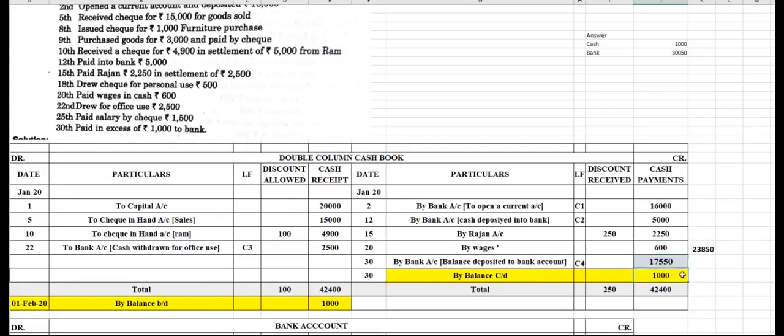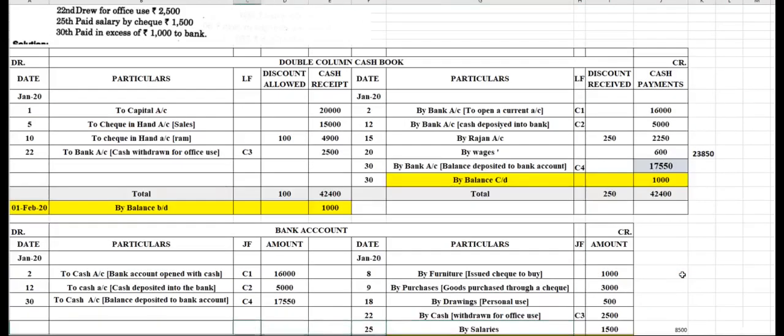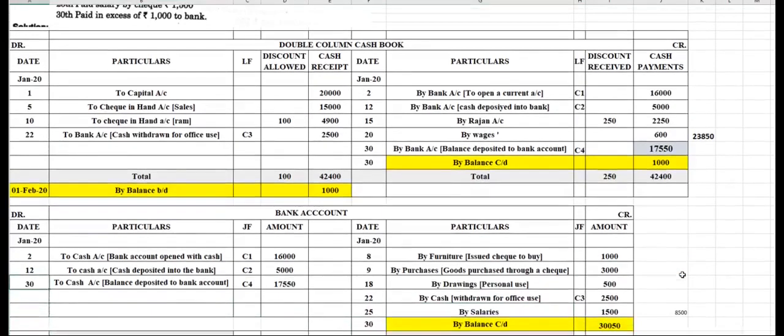By balance carried down, it is 1,000 rupees. That is, I am showing it as a contra entry 4. Now what we will do here, the cash account on 30th, the cash which we had brought down, okay, that we are showing here, 17,550 rupees.